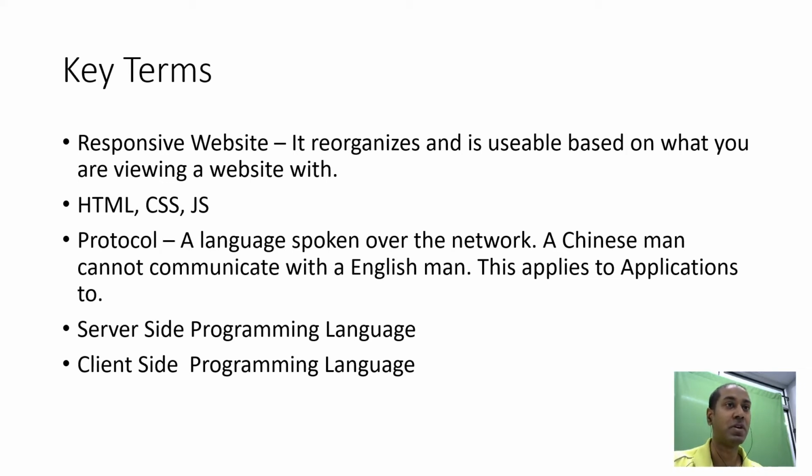For example, a Chinese guy that only knows Chinese can't communicate with the English guy that knows only English. This applies to applications and programs and processes as well. So if you have two different applications that don't speak the same language, you're not going to be able to communicate with each other. This is what a protocol is, a language of communication over a network.